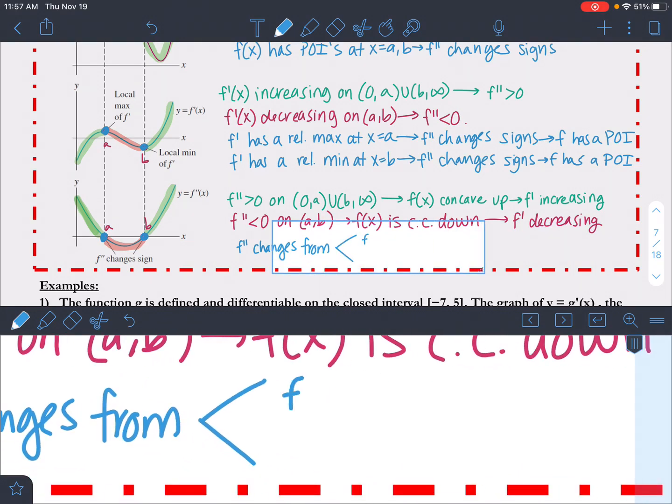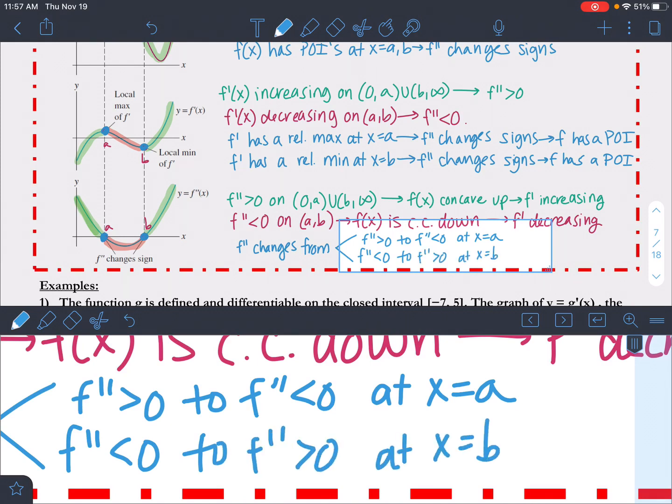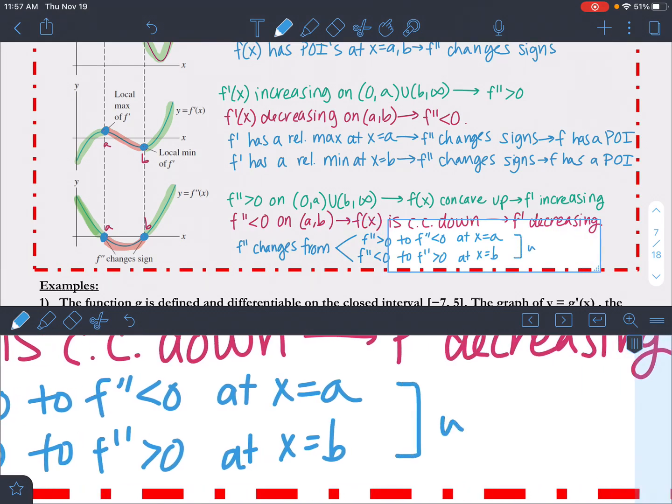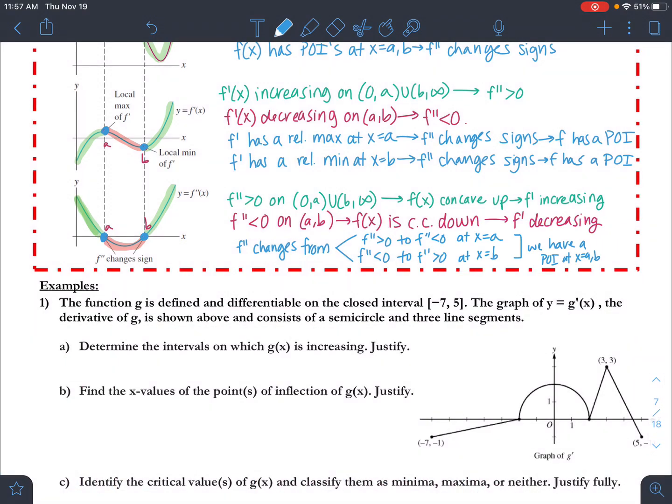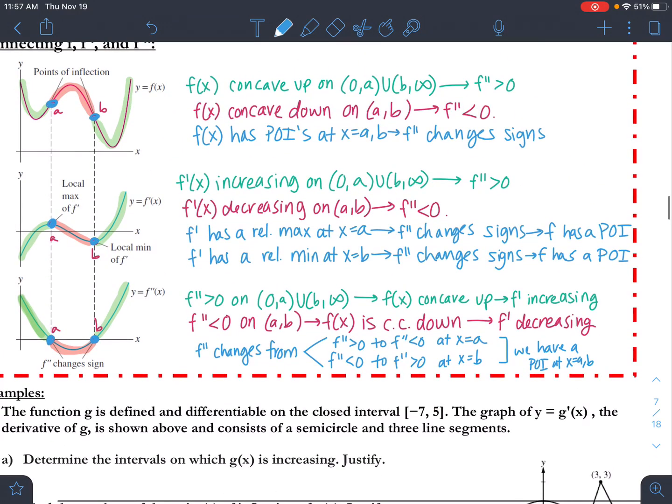So when it changes from f double prime is positive to f double prime negative, okay, at x equals a, versus it changes from f double prime negative to f double prime positive at x equals b, okay, then we have a POI, point of inflection, at x equals a and b. Okay, so I'll give you guys a second to write that down. Remember, we do want to specify the sign changes, positive to negative or negative to positive. Okay, so definitely really important rectangle up here, so make sure you got that down.